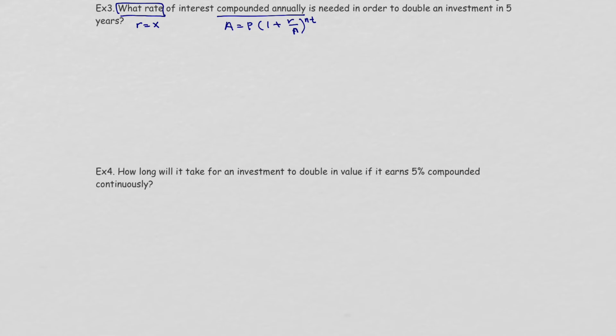You wanted to make the investment double. So let's say if I say P is equal to 1, then total amount is going to be 2, right? Double.